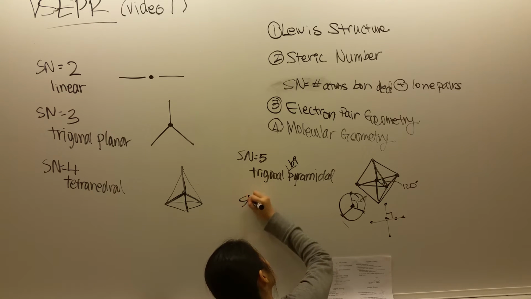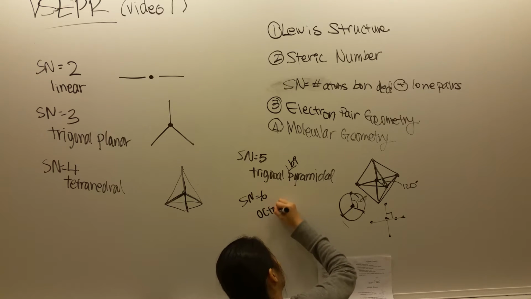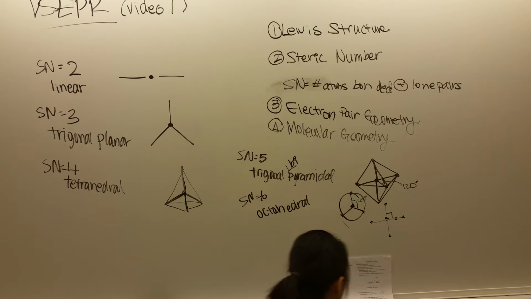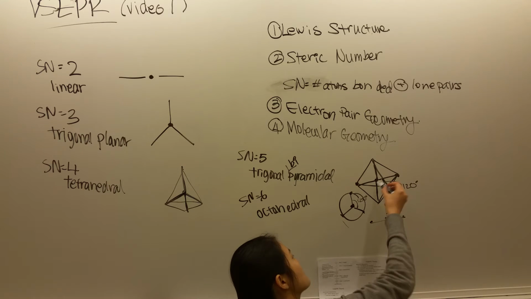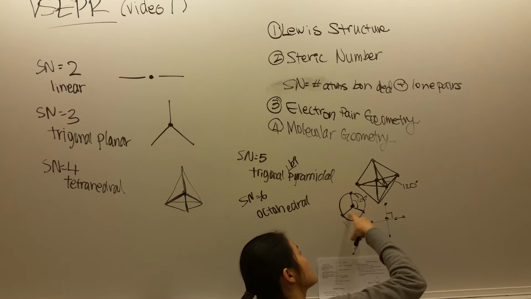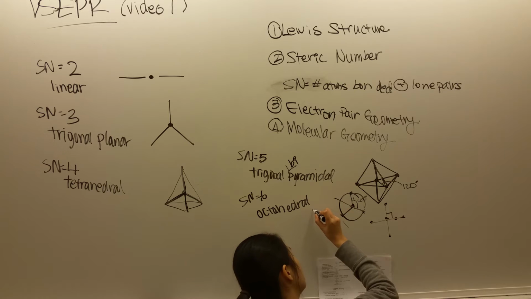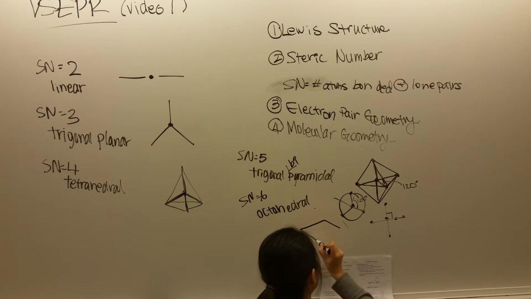And then the steric number of 6 is going to give you an octahedral structure. An octahedral looks like, so it's exactly like this, except instead of having 3 electron densities on this particular plane, you're going to have 4. So you have a plane here.